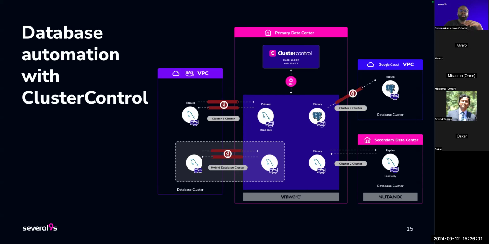ClusterControl is a database automation tool that lets you fully automate highly available open source clusters, open source databases and proprietary databases on-prem, in the cloud, or both environments without giving up control.